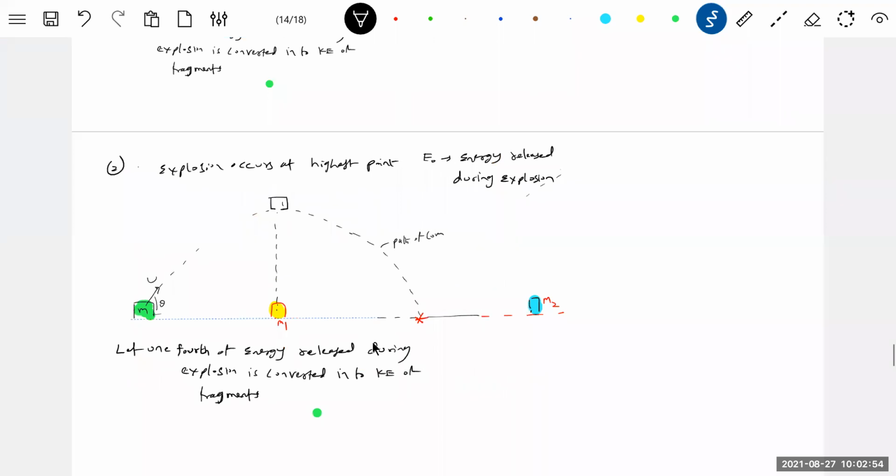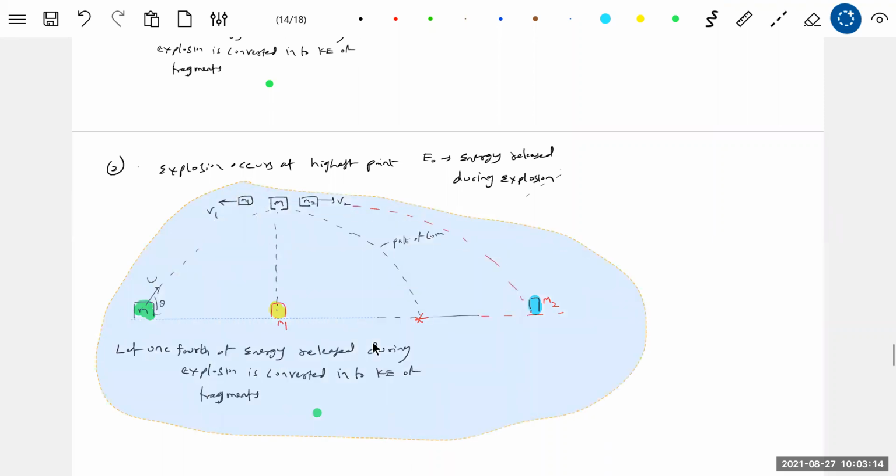Explosion occurs here, and after explosion M1 and M2. This can also happen, and the trajectory of this. So many possibilities are there.